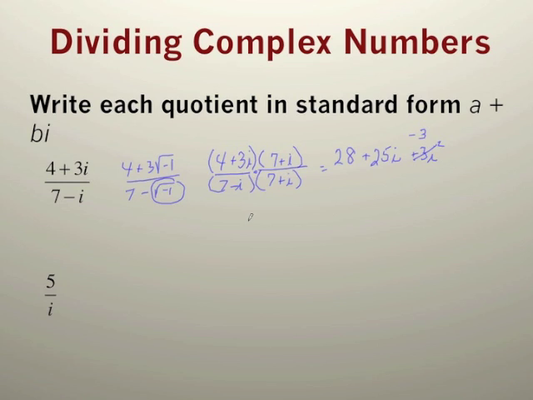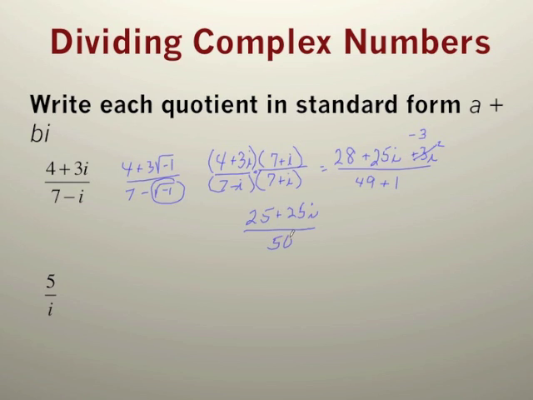So for the numerator, right now, I have 25 plus 25i. Oops. Yes, 28 minus 3. Okay. For the denominator, 7 times 7 is 49. We will have no middle terms. Negative i times i will be negative i squared, which is really a positive 1.